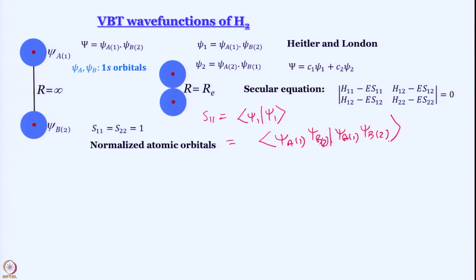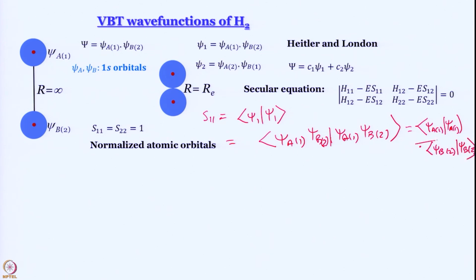Now I hope with all our previous discussions of atoms, it is not very difficult for us to see that this is really a double integral, one in coordinates of electron number 1, one in terms of coordinates of electron number 2, and I can write it conveniently as a product of two single integrals, one in terms of 1, one in terms of 2. So I get psi A1 multiplied by psi B2, psi B2, very simple.